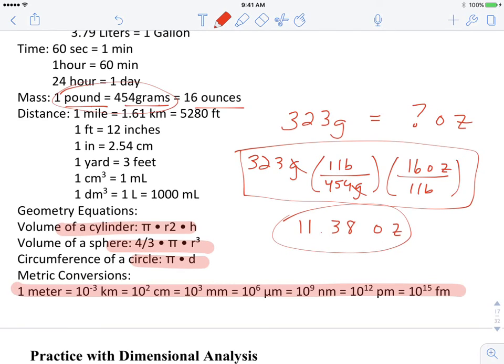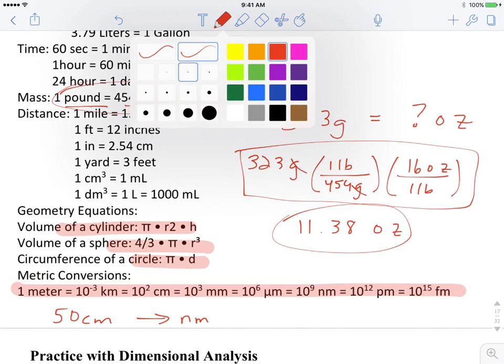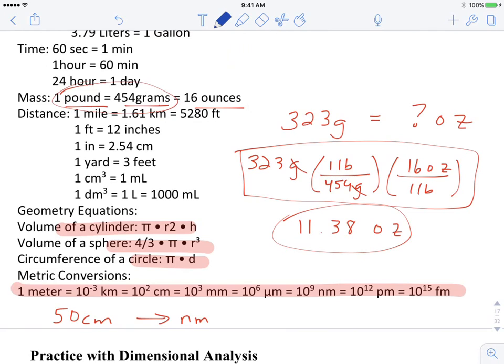positive exponents. And so an example of this would be, let's say that I wanted to go from something that was 50 centimeters, and I want to make this into nanometers. Well, if I know the factors here that I will now put in blue, I know for nanometers I have this factor, and centimeters I have this factor. Well, look at how this could work in one step, 50 centimeters.